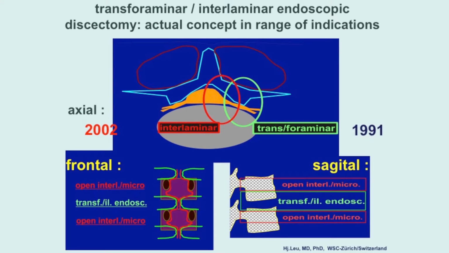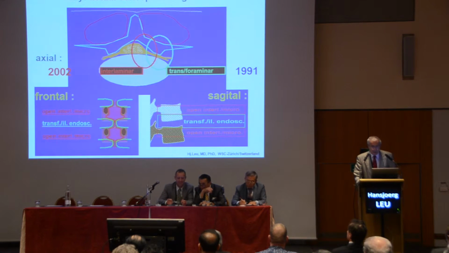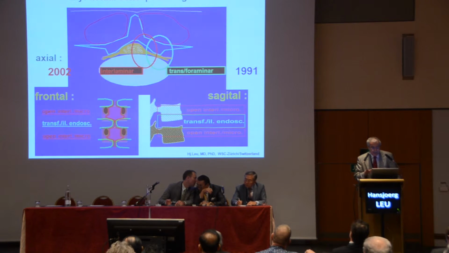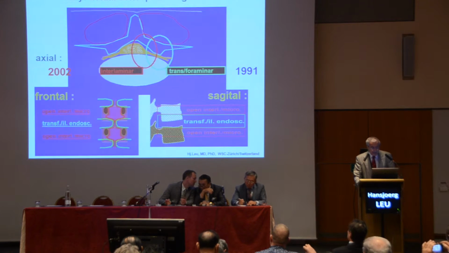In the frontal view, you have here the red fields, which is especially the interpedicular area, which is still quite difficult because you then need very highly ascending cannulas. The interlaminar approach is also a little bit limited in that area, so people who have not had the absolute maximum in training may still use the micro technique in that area.